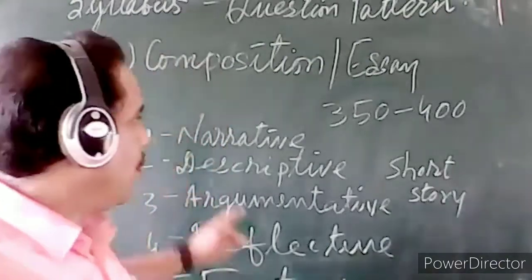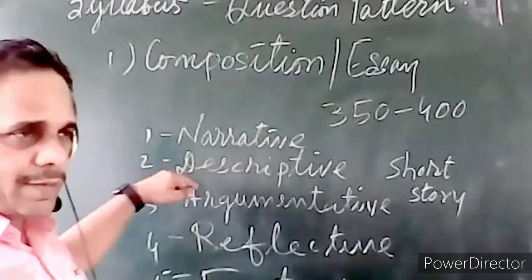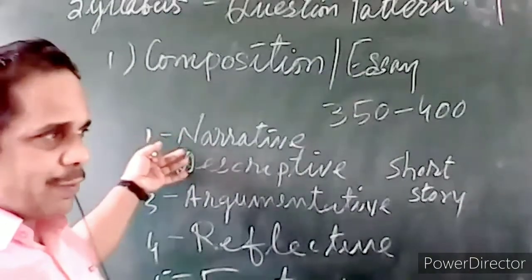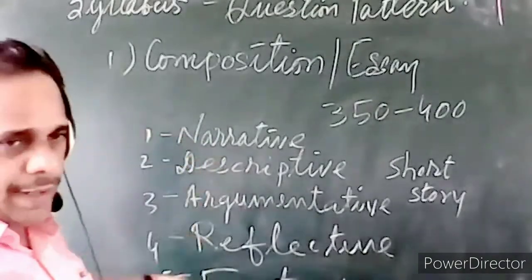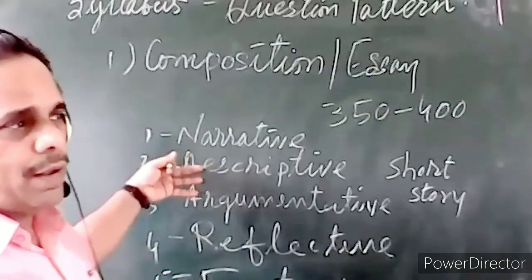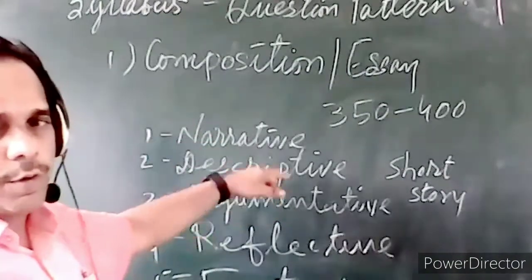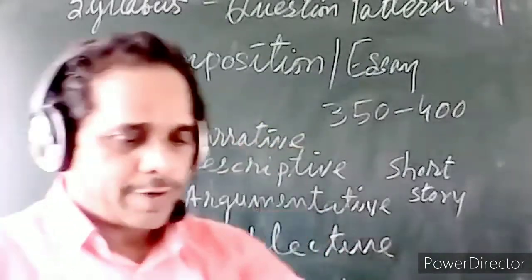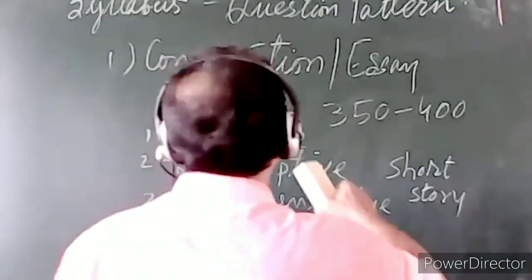For question number 1, we must study at least, if it's in the classroom, you could take 1 class each. Each type you have to learn: what is a narrative, what is a descriptive composition, how to write them. That we will study later. For the time being, we are not going to touch this one.